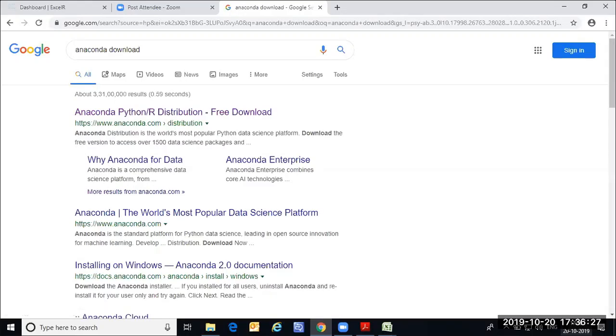Anaconda is a distribution which provides a combination of IDEs that can be worked with Python. Underlying, your Python should have been installed in the first place. Only then you'll be able to install Anaconda and start making use of those IDEs to work in the Python language, similar to how RStudio works on top of R. Okay. Let's go to this Anaconda Python distribution, free download.